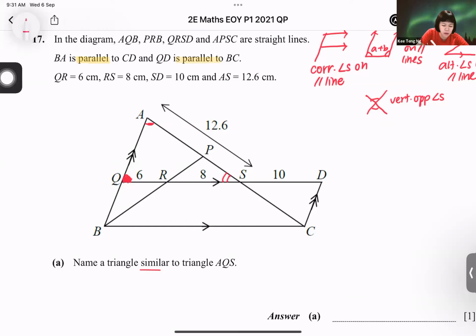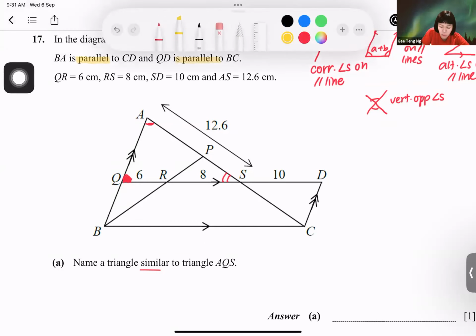So it's very obvious why I have one parallel line here and another parallel line here. So obviously this one is like a letter F corresponding angle. This angle will be the same. This angle will be the same. Therefore, angle A will still be the same as well.